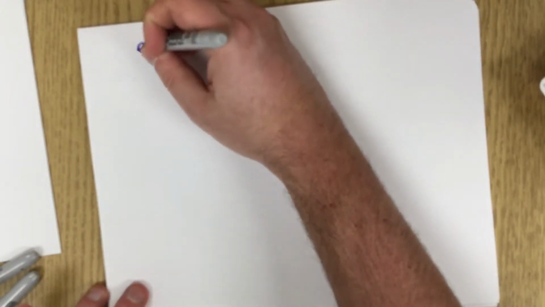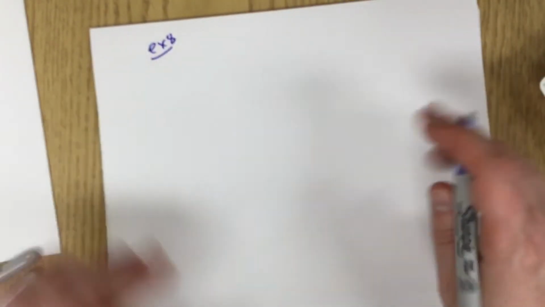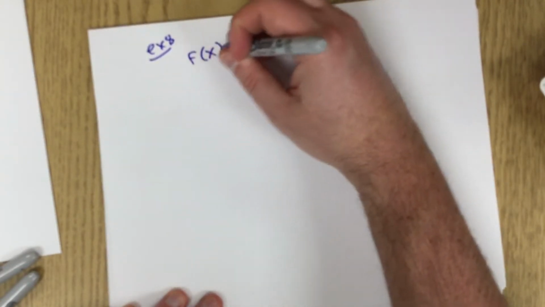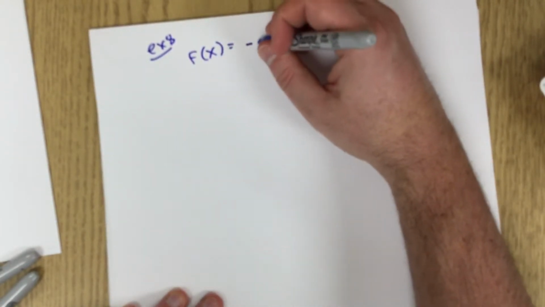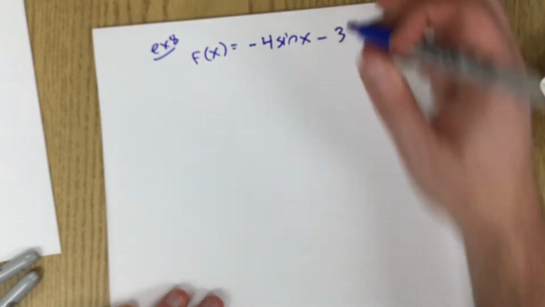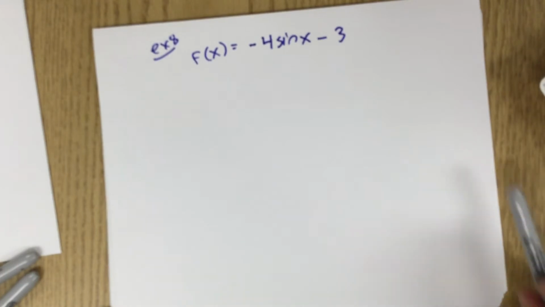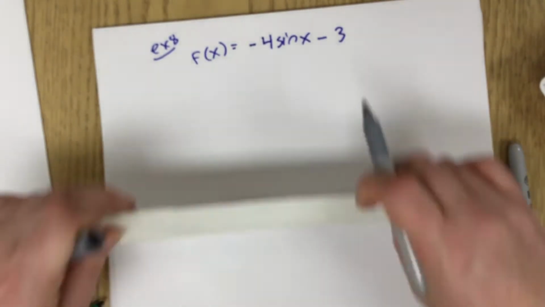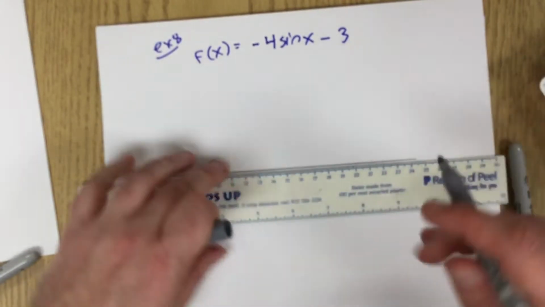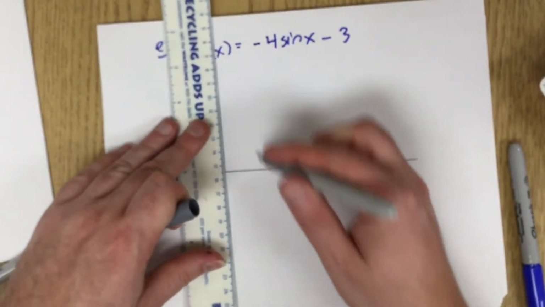So let's put that together. We're going to say that f of x equals minus 4 sine x minus 3. So we could probably ignore the negative for a good chunk of it. Boom, boom, boom.